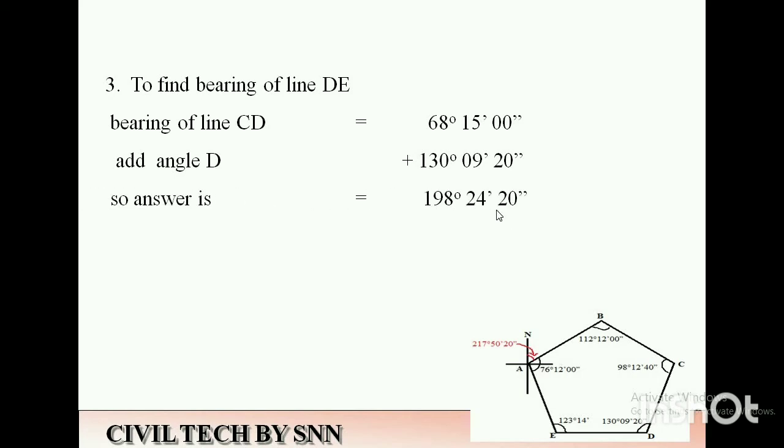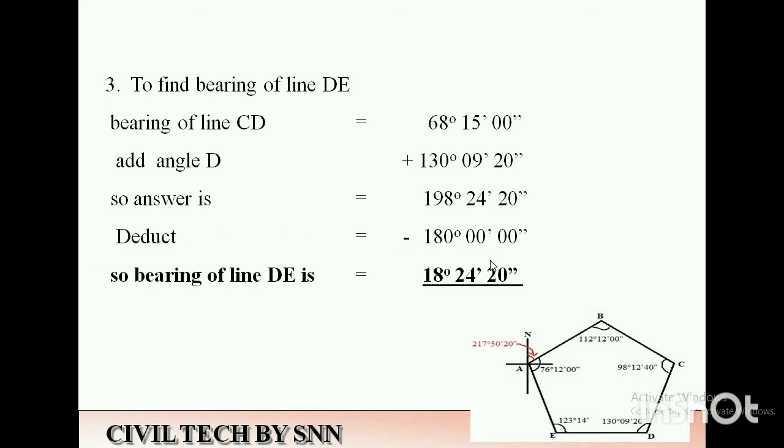So the answer is 198 degree 24 minute 20 second. Again, the answer is greater than 180 degree. So deduct 180, you will get the bearing of line DE, which is 18 degree 24 minute 20 second.